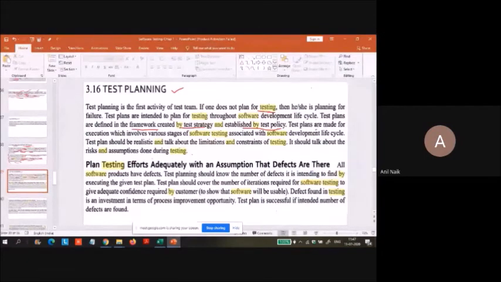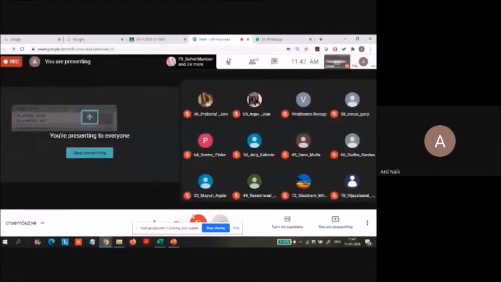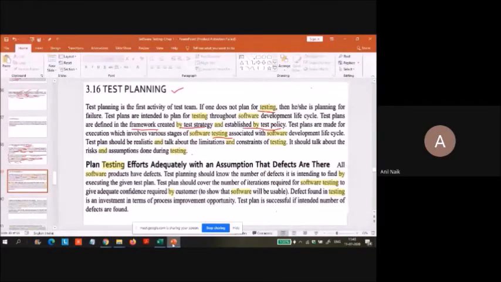Test plans are made for execution, which involves various stages of software testing associated with the software development lifecycle. A test plan should be realistic and talk about the limitations and constraints of the testing. Suppose you go with this strategy, what are the limitations?